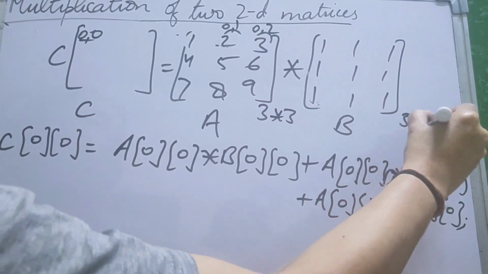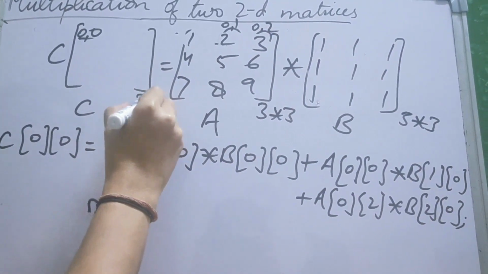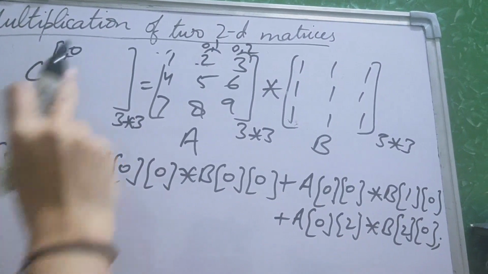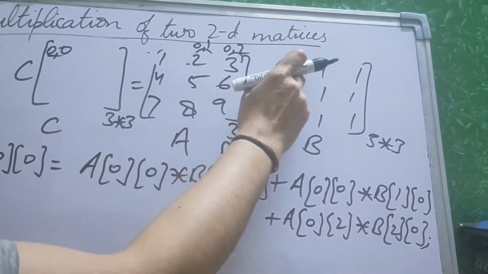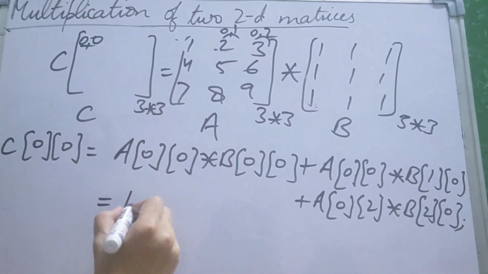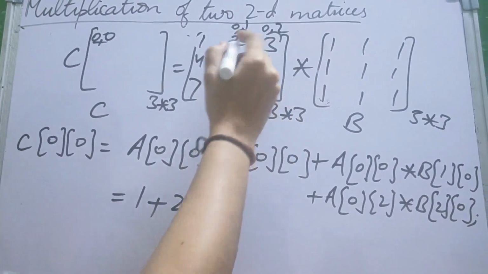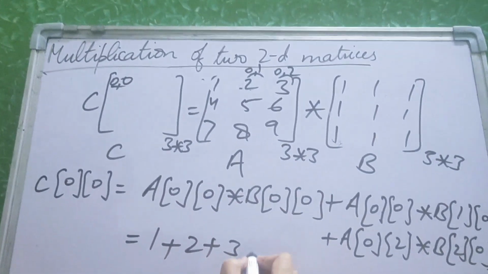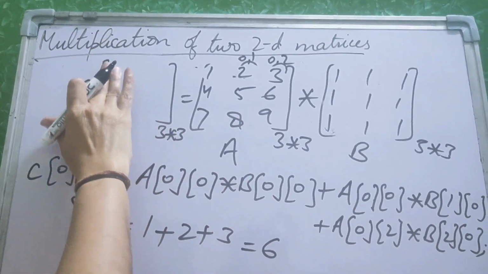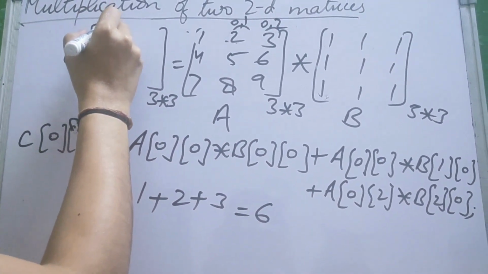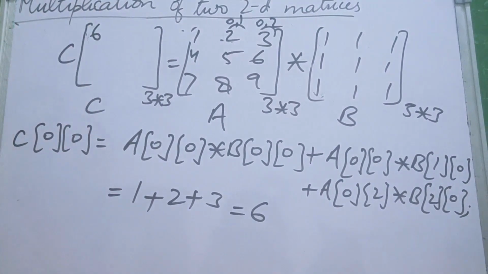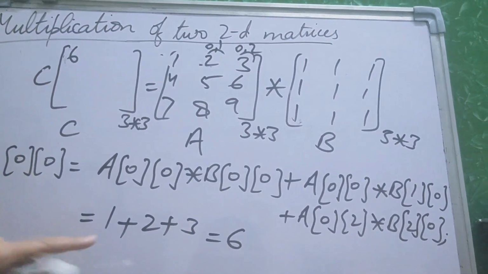Matrix order is 3 by 3 and 3 by 3 will give a resultant matrix. 1 multiplied by 1 is 1, plus 2 multiplied by 1, plus 2, plus 3, that is 6, which will be placed here at 0 0 index, C 0 0.